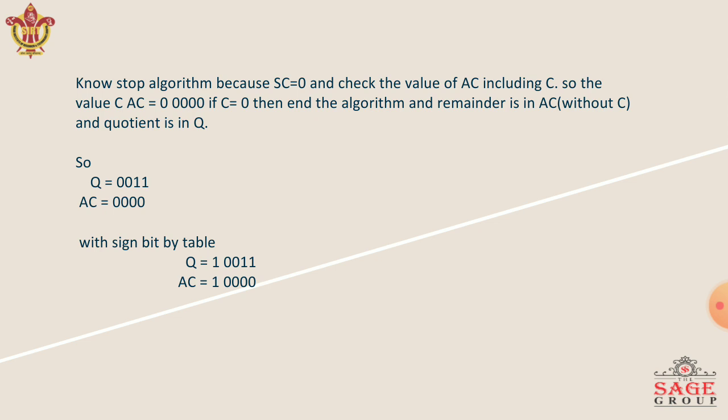If C equal to 0, then end the algorithm, and the remainder is in AC without C, and the quotient is in Q. So Q equal to 0011, and AC equal to 0000. Including the sign bit by the table, Q equal to 10011, and AC equal to 10000.